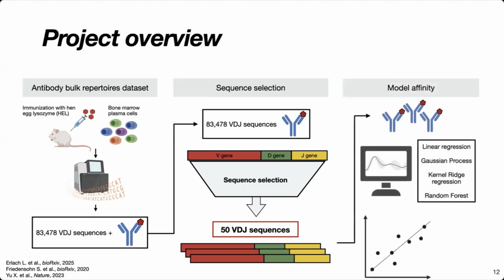So we aimed to express these 50 sequences and measure their affinities to be able to train and evaluate a number of fairly simple machine learning or regression models, such as linear regression, Gaussian processes, kernel ridge regression, and random forest. And the goal was essentially to use those trained machine learning models to design new variants that would exhibit affinities across a certain range.